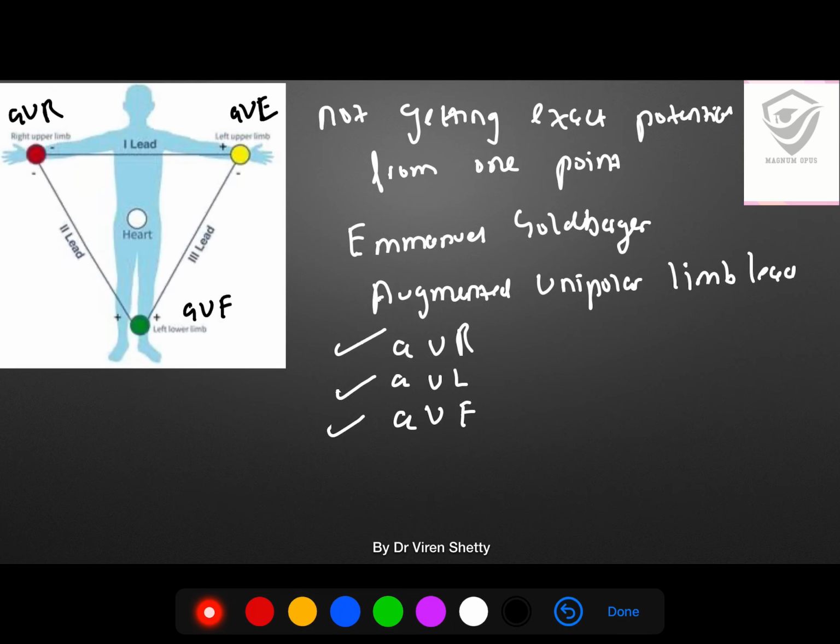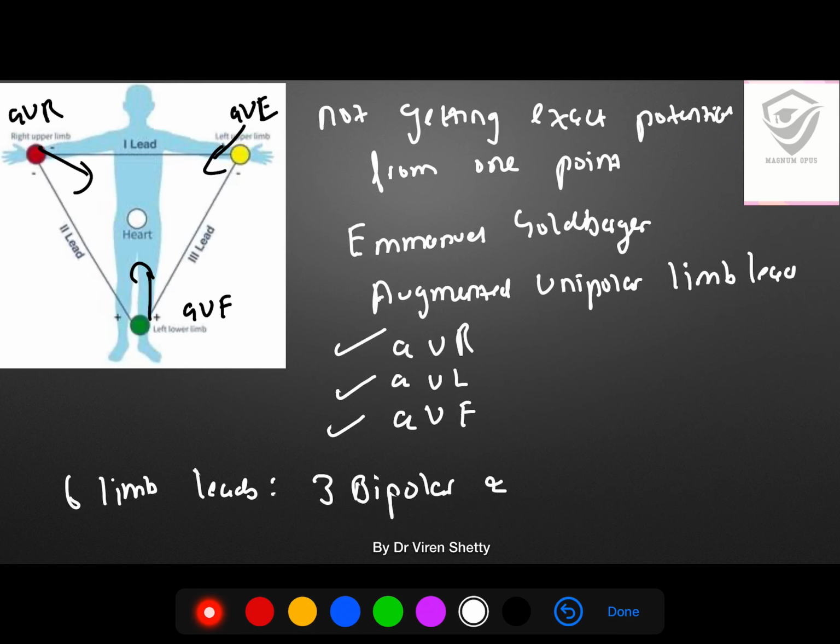So they were looking at the heart from each angle. AVR, AVL and AVF, the augmented unipolar lead. So now what do you have? Yes, you have 6 limb leads, out of which 3 were bipolar that you studied previously, and now you have come across the 3 unipolar leads.